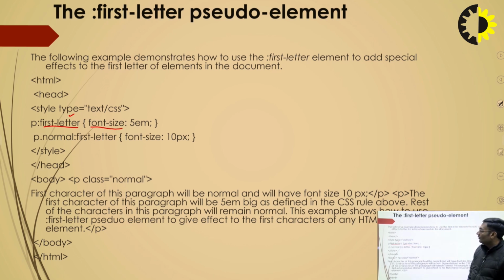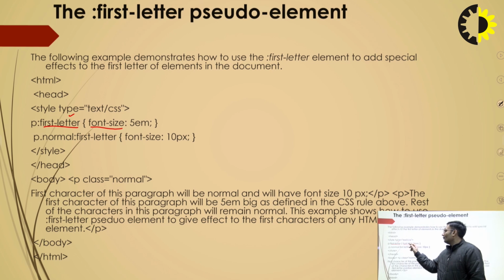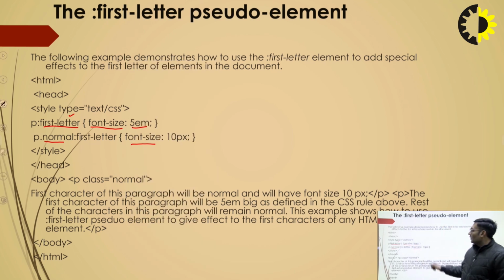If you want to change the font size, then I can write font size colon its value. Again we can write this rule with a class: p dot class colon first letter, curly braces, the font size that we want to change, and its value. So this is called the first letter pseudo element.